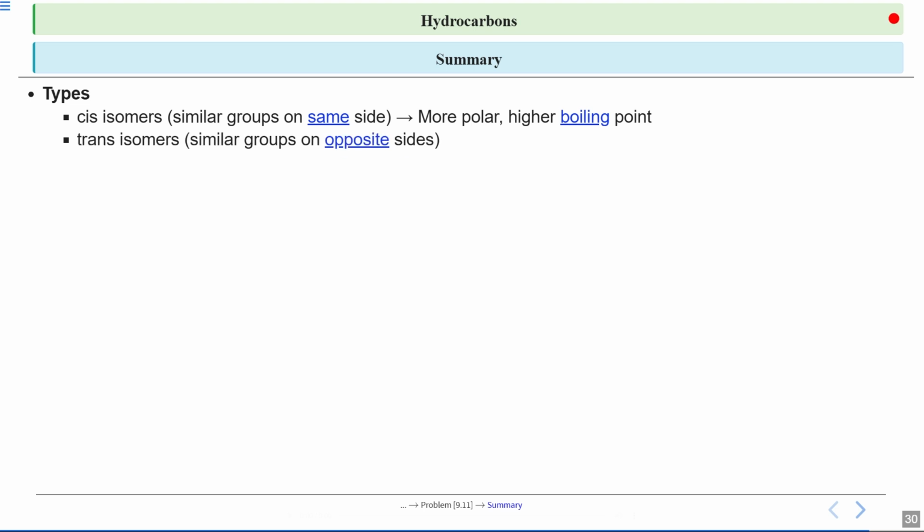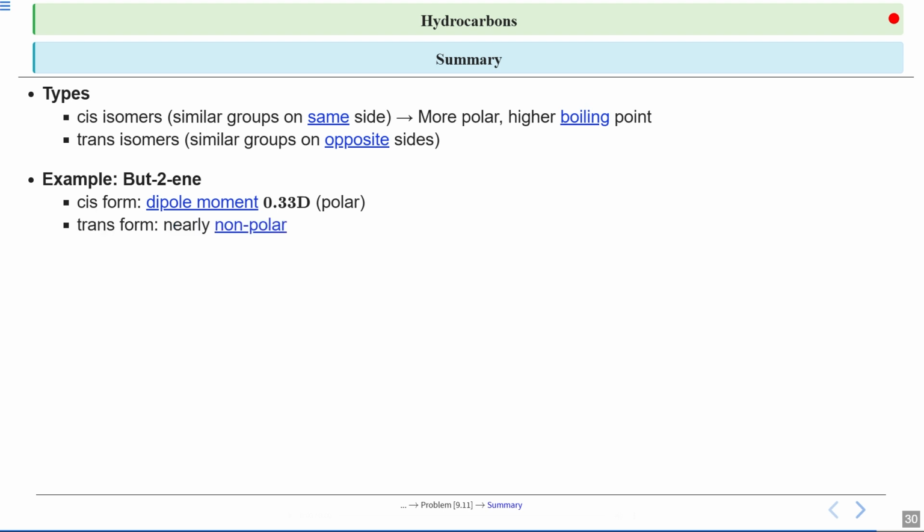Again, in the trans isomer, the groups are present on the opposite side. Now moving on further, if you take butene, then butene can exist in cis form where the dipole moment is 0.33. So you can remember that the cis isomer has a dipole moment, whereas the trans form has near to zero polarity.